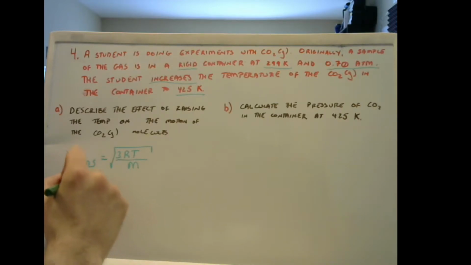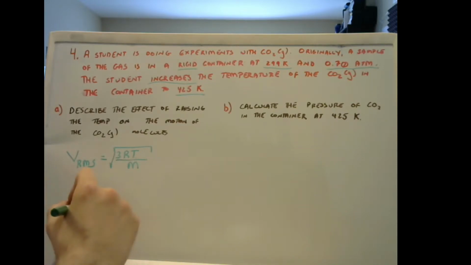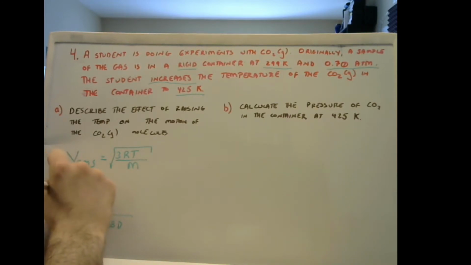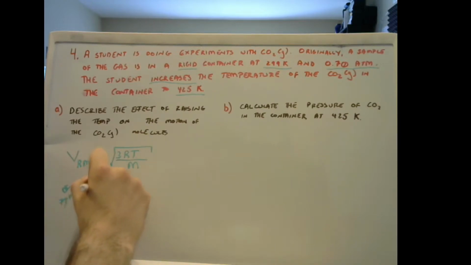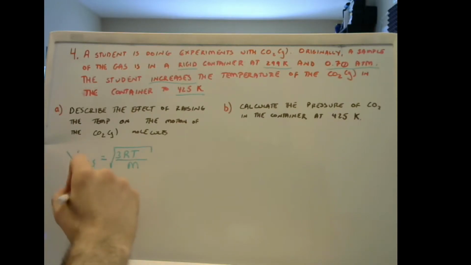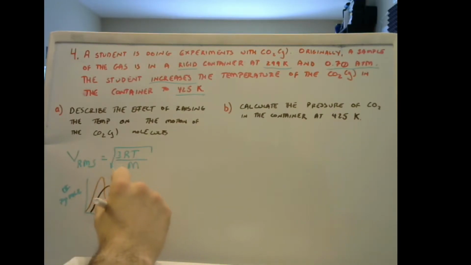The other way you can think about it is we talked about these graphs. You'd have different numbers of molecules at different temperatures. So this would be your speed, and this would be your number of molecules, and you'd have a curve here that would be like 200K, and then you'd have another curve here that would be like 300K, and then you'd have one more curve like so at 400K.